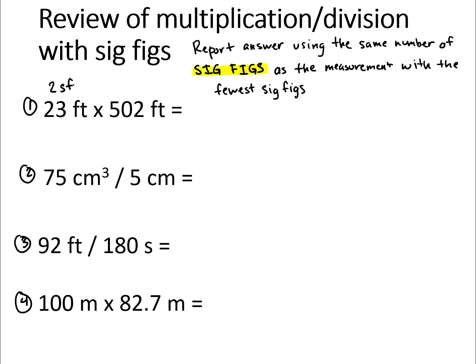There's 2 sig figs here, 3 sig figs here. With our rule, when we multiply, we have to use the same number of sig figs as the measurement with the fewest sig figs. So how many sig figs should our answer have? Right.